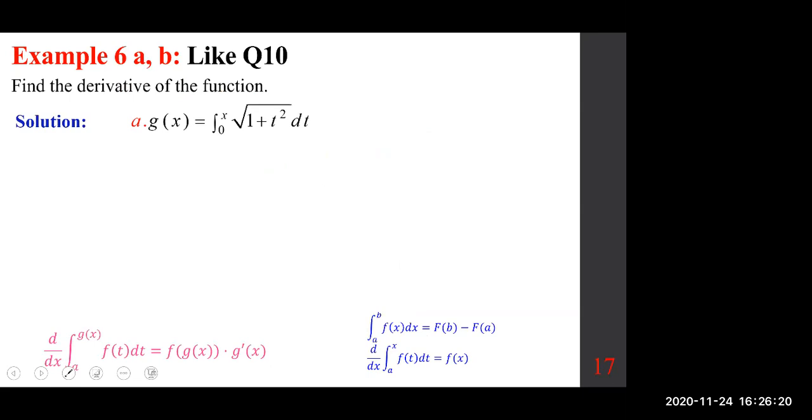So here's an example. We want to find the derivative of this function by the FTC. And of course, this is a continuous function, because it's the square root of 1 plus t squared. The domain is all real numbers, since 1 plus t squared is always larger than or equal to 0.